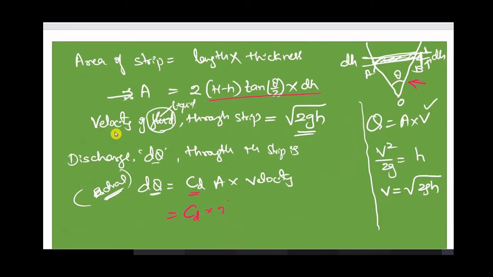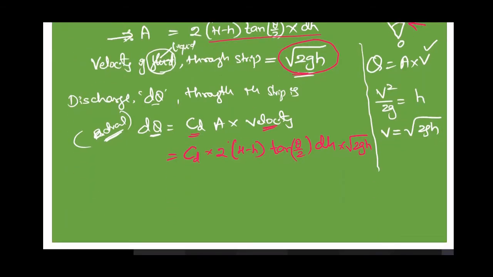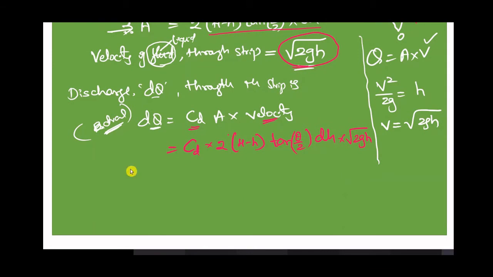I will write 2 into H minus H tan theta by 2 into dh. And what is the velocity? Velocity is square root of 2gh. This is the equation for discharge through a small strip.